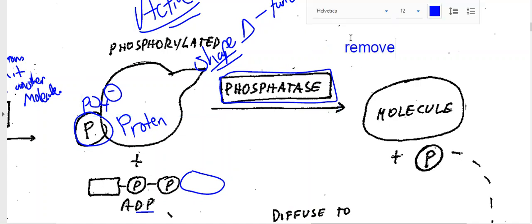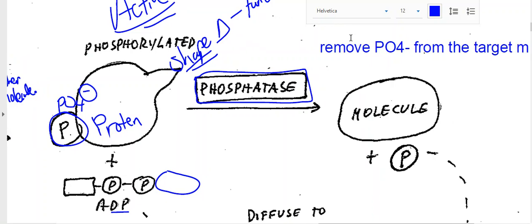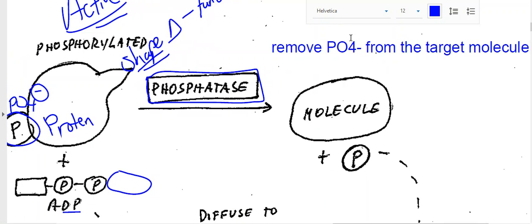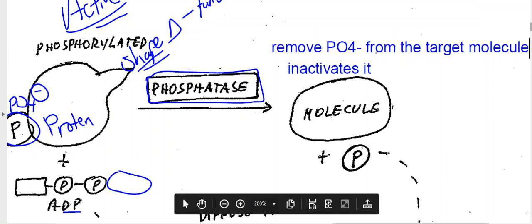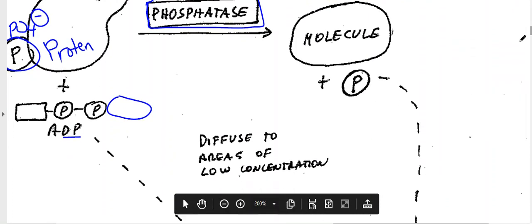This is going to remove the PO4 from the target molecule, and it's going to inactivate it. So what you're left with is the original molecule inactive with this phosphate group, right?